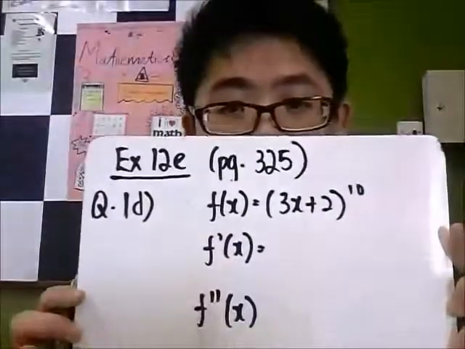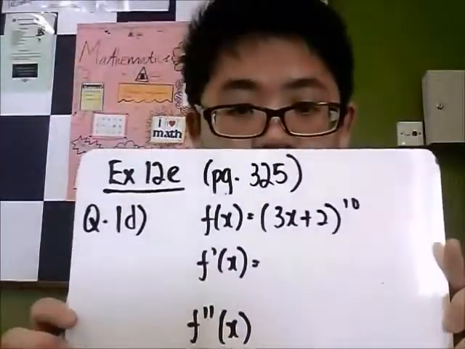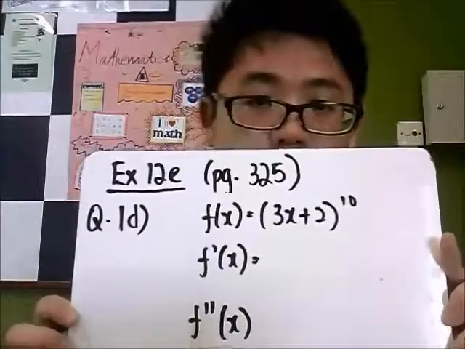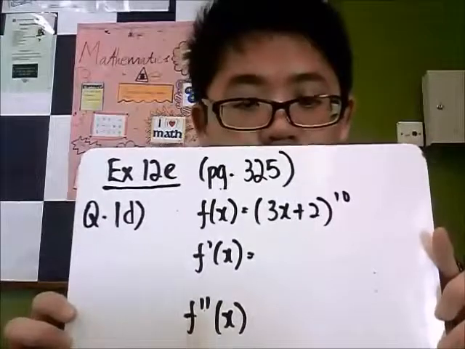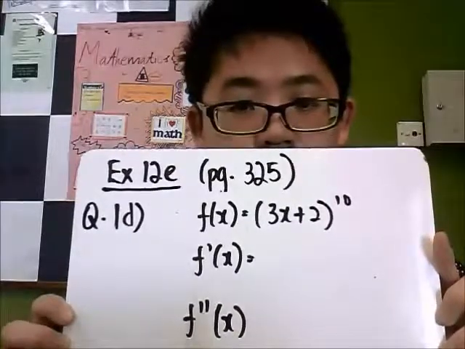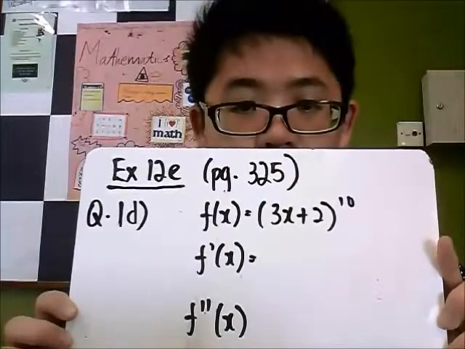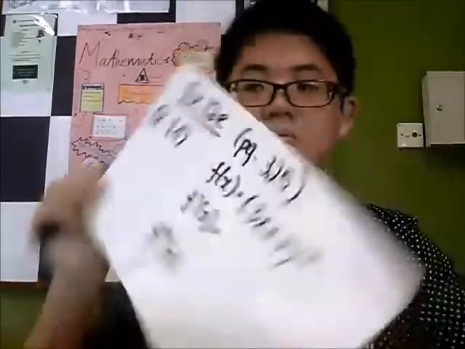Now, do you get this? When we are talking about the first derivative, it's only 1 apostrophe on top. And if you are talking about the second, naturally it will be 2 apostrophes on top. I'll give you 2 minutes to write down the answer for this, and later I'll reveal the answer to you.